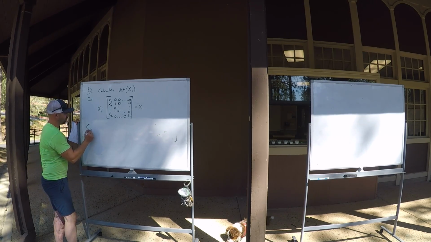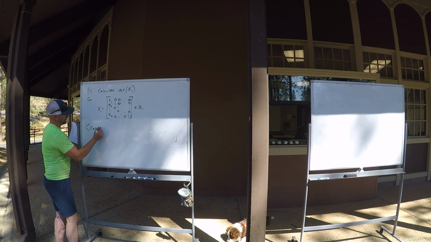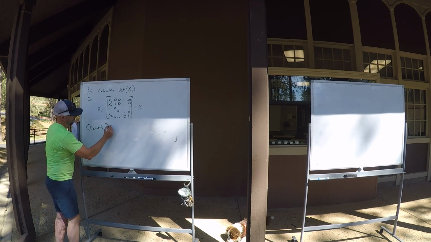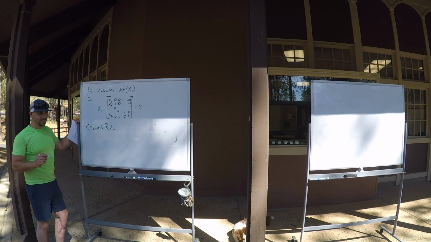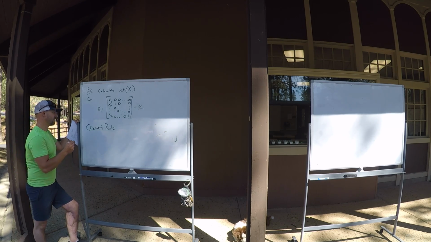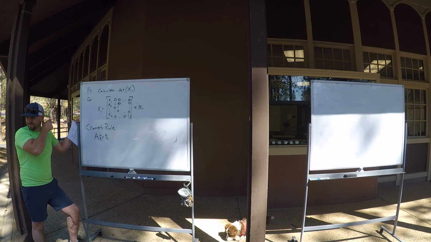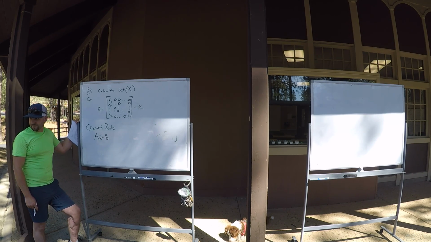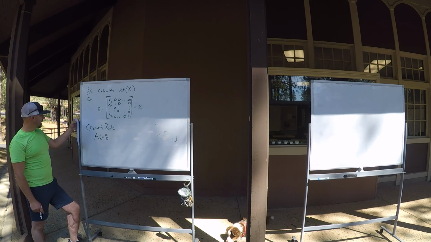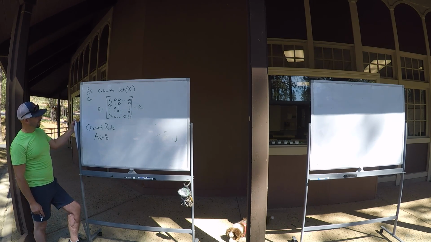So, there's a cool thing called Cramer's rule, which is an interesting fact, essentially. It's an interesting way to solve the equation AX equals B. You guys with me? Okay, so here's the kind of thing that I need to figure out.